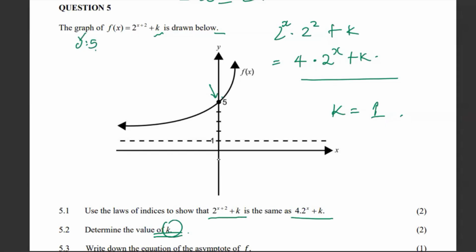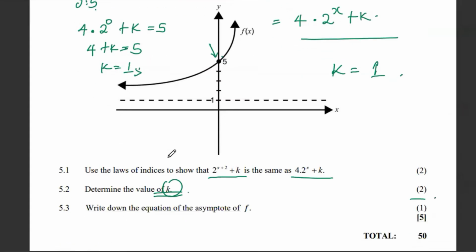So that's going to be like 4 multiplied by 2 to the exponent of 0 plus k must give us a 5. 2 to the 0 is a 1, so that's like 4 plus k is a 5. Move the 4 that side, so that k is what? A 1. But from the drawing itself, I don't know why they gave people 2 marks for that. It should be something like 1.